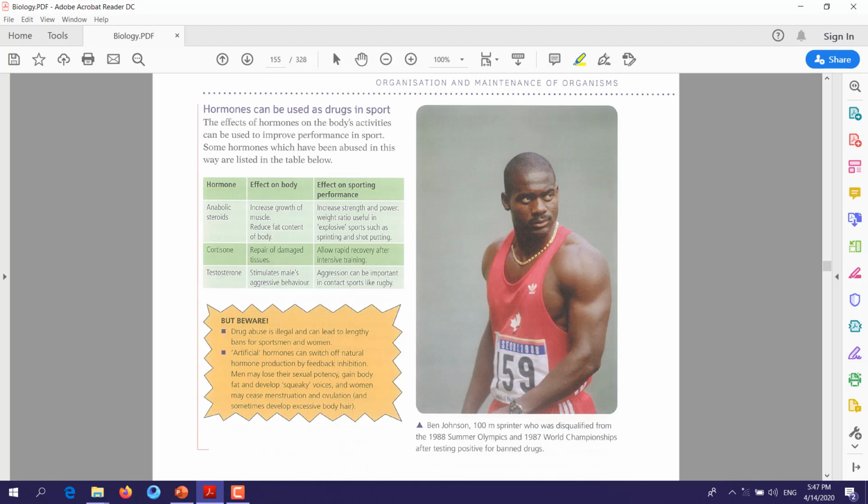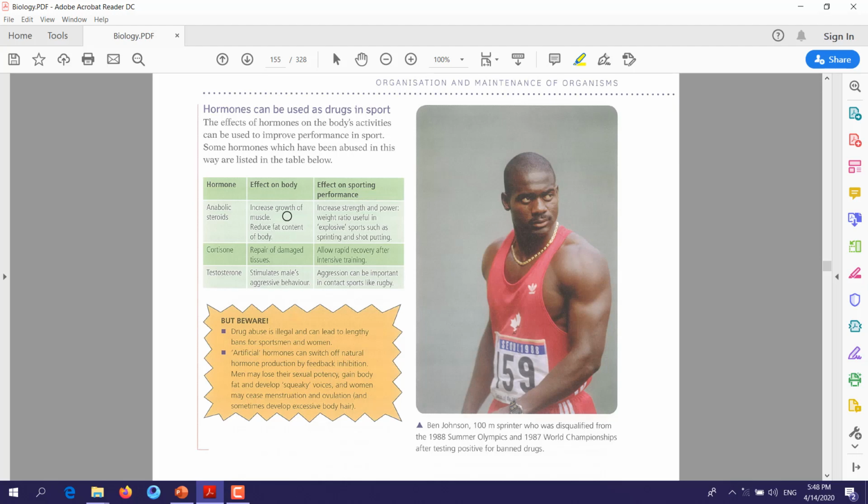But what are some of these drugs and what do they do in the body? For example, anabolic steroids. Okay, an example of hormones, the anabolic steroids. What is the effect of using anabolic steroids? They increase growth of muscles and reduce the fat content of the body.